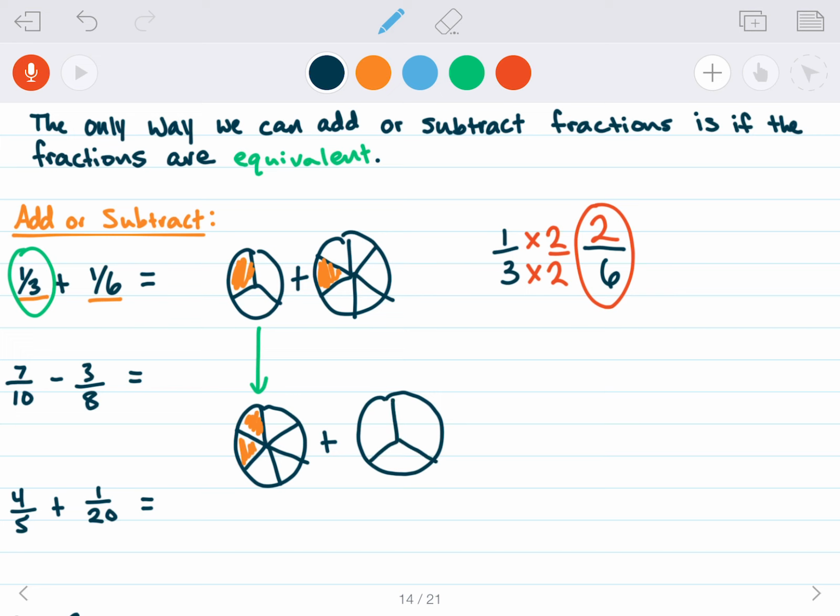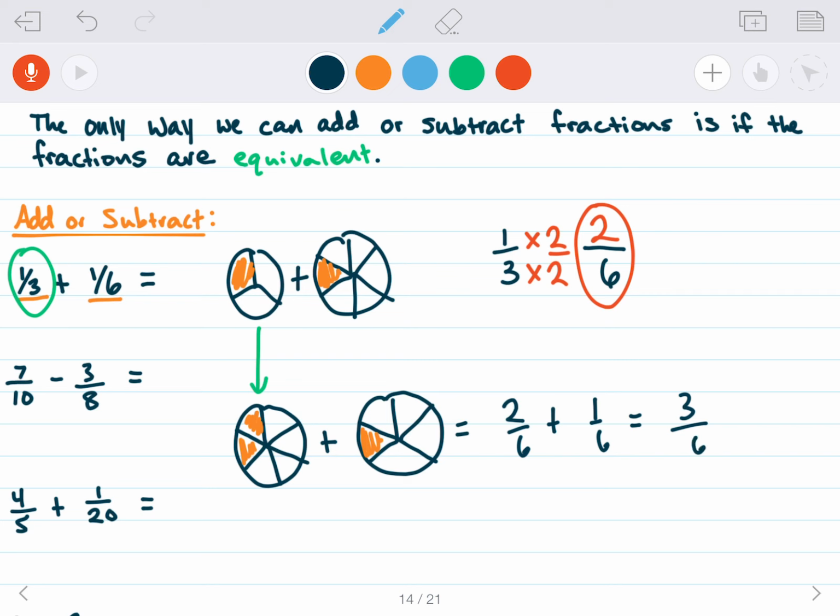It's pretty cool. So we're adding 1/6 and 2/6. And when I add these, it's pretty clear, right? If I add one piece over to this side, I'm going to get 3 pieces, right? So 2/6 plus 1/6 is equal to 3/6.